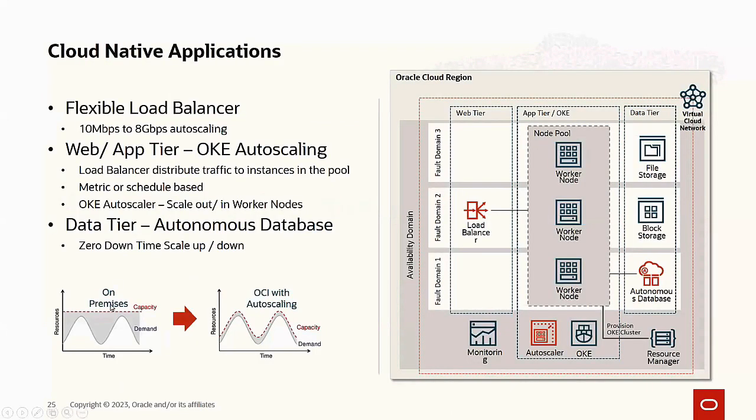So some of the other things which we can think about from the architecture perspective: gone are the days when everybody was moving from on-prem. Now they're already in the cloud, and you want to innovate in the cloud. What are those applications? We call them cloud native applications. You're in the cloud, and now you want to build a new application.